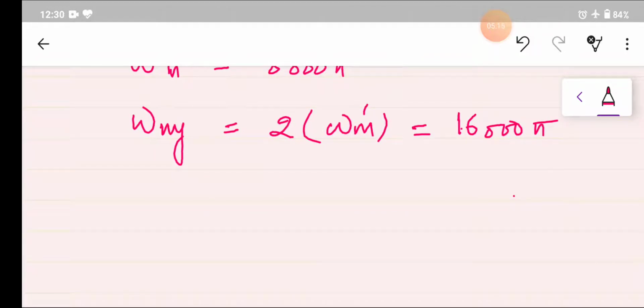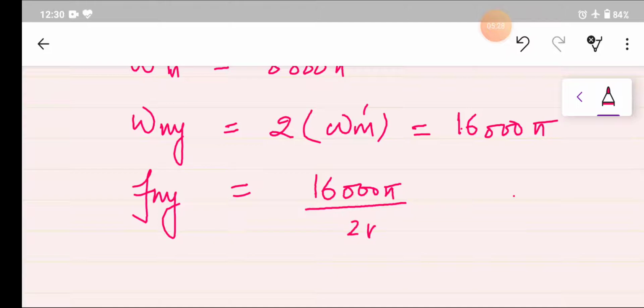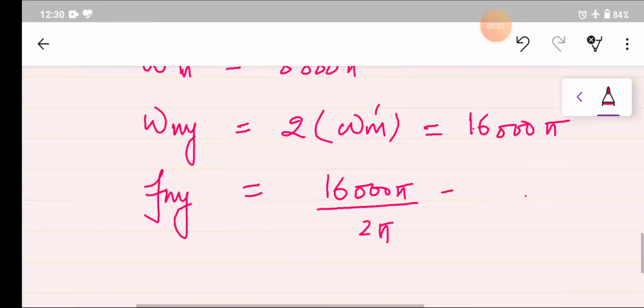If you want to calculate the frequency f ny, then it will be equal to 16,000 pi divided by 2 pi, so it will be 8,000 hertz.